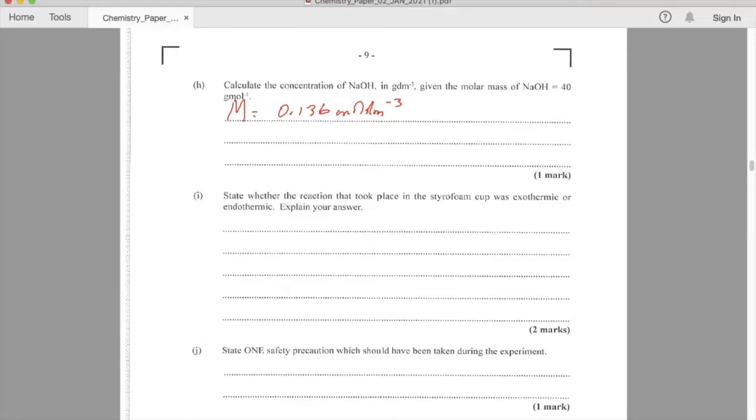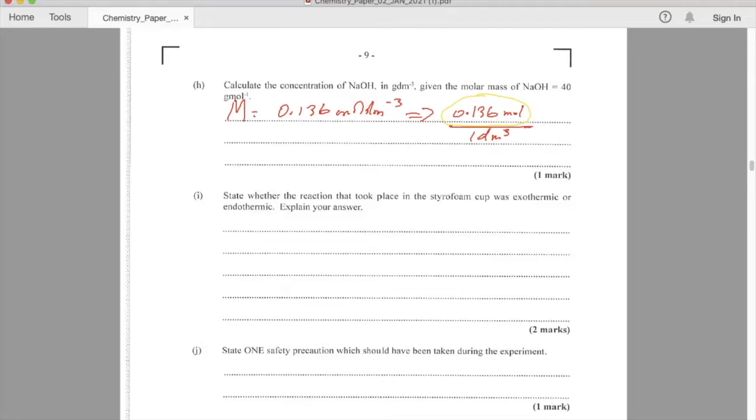Now this could be written as 0.136 moles over 1 dm cube. So in converting this molar concentration to mass concentration, all we're doing here is converting the 0.136 moles that we have to grams.